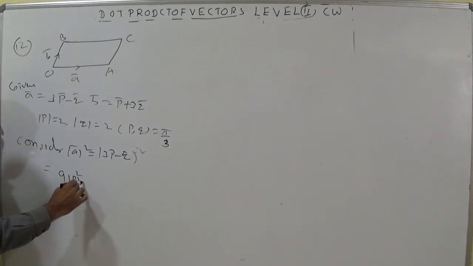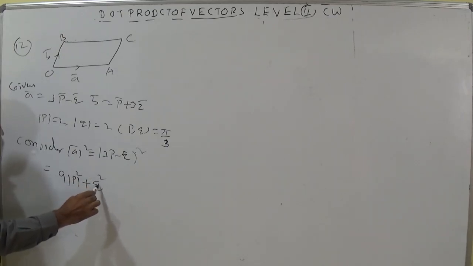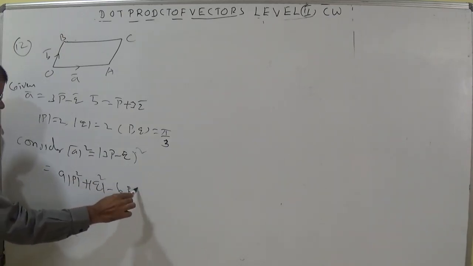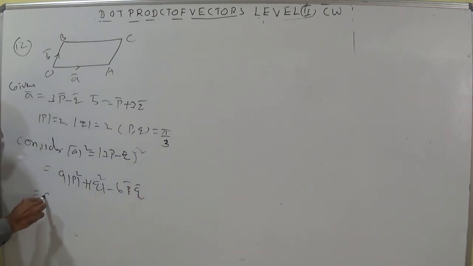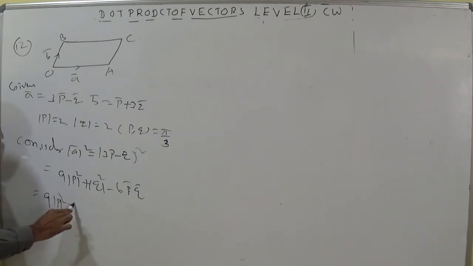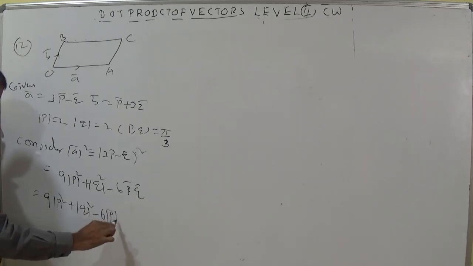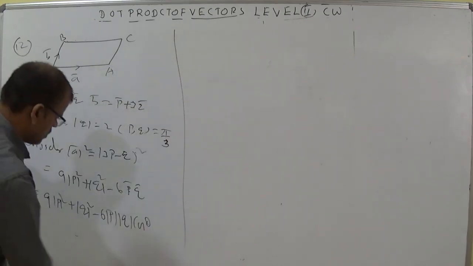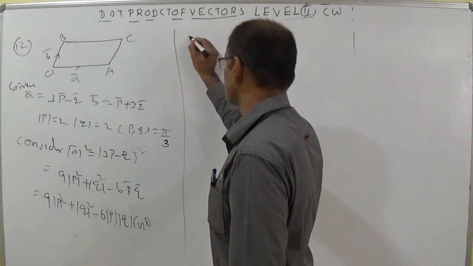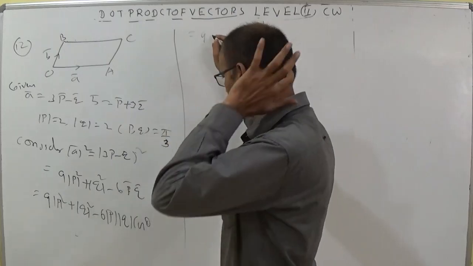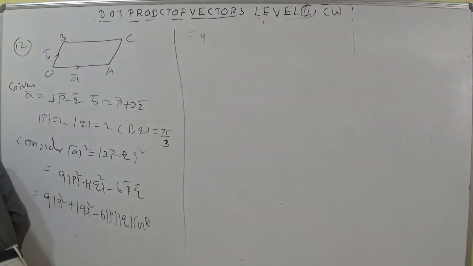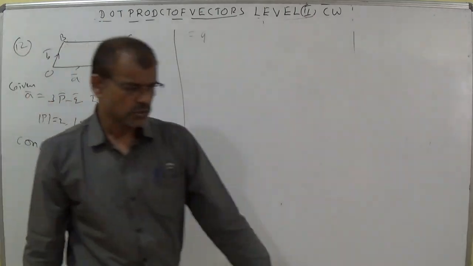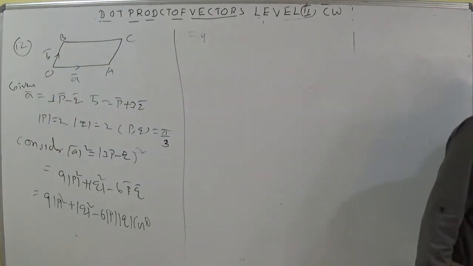Here you can write 9P square plus Q square minus 6P dot Q, that is equal to 9P square plus Q square minus 6 mod P into mod Q into cos theta, the angle between the vectors P comma Q, that is equal to 9 into, what is the value of P square? If we given the magnitude, we should substitute the value of magnitude.